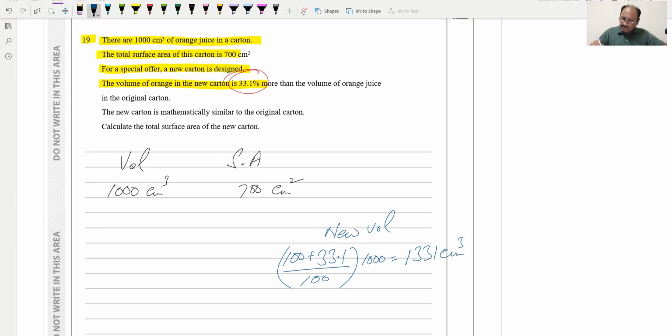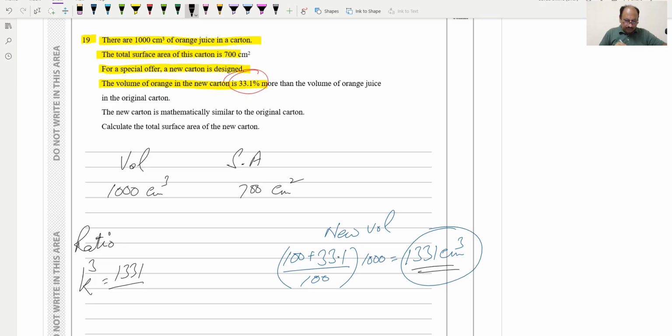This is centimeter cube. Now we can find the ratio between the volumes. For the ratio of volume we are taking k cube, and k cube will be the new volume, which is 1331, divided by 1000.